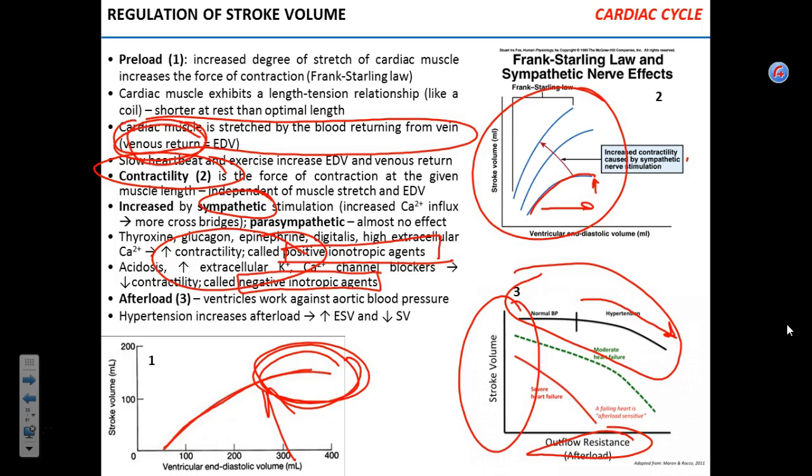How does it affect end systolic volume? High afterload means elevated end systolic volume. Elevated end systolic volume means in terms of the stroke volume, it goes down, right? Now, they have to maintain cardiac output at the same level. How can they compensate for lower stroke volume? They have to elevate what?